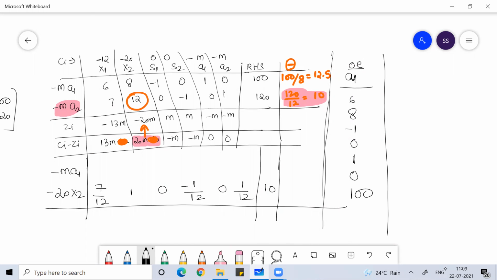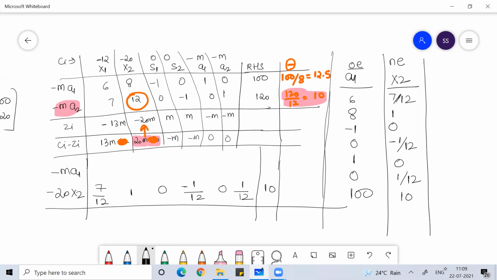And then the new element of x2 is 7 by 12, 1, 0, minus 1 by 12, 0, 1 by 12, 10.